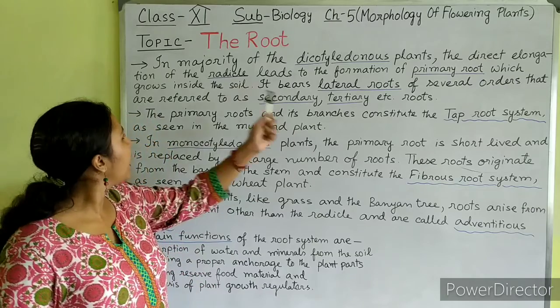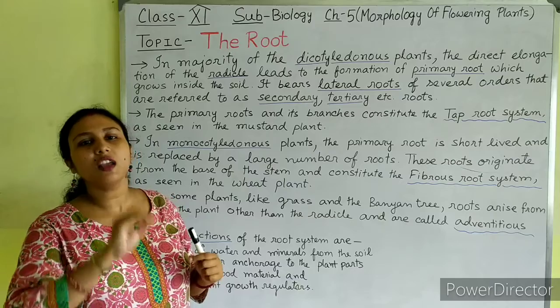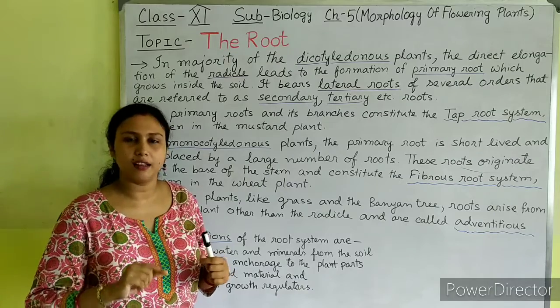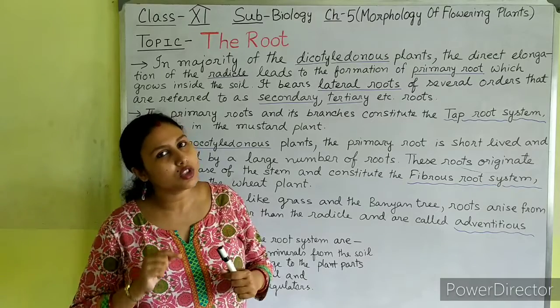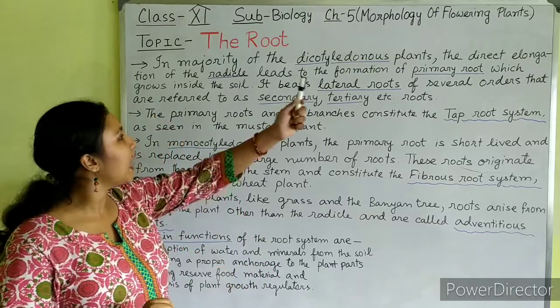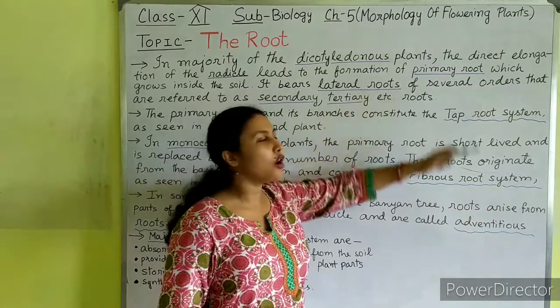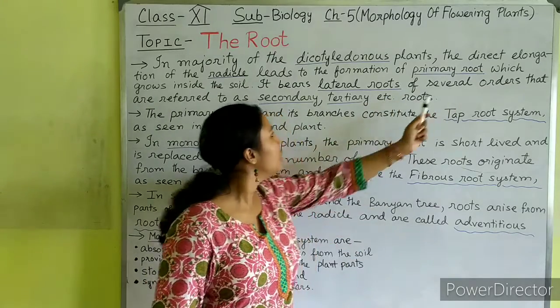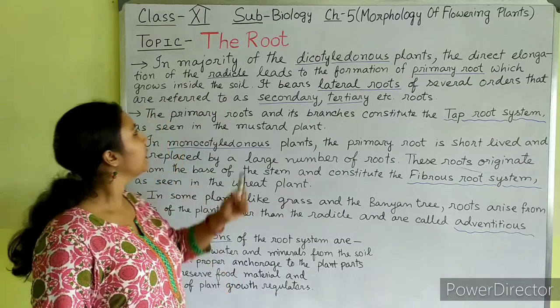Inside the seed there are the plumule and the radicle. The plumule grows into a shoot and the radicle grows into a root. So the direct elongation of the radicle leads to the formation of primary root, which grows inside the soil.